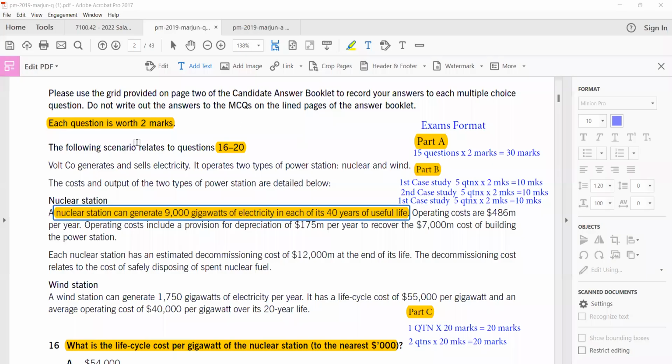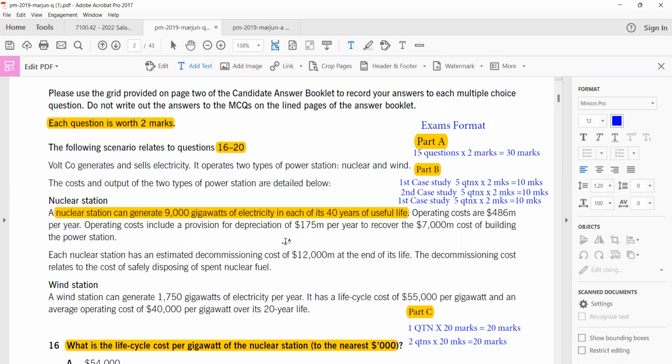So in estimating the life cycle cost of a product, you just identify all the costs in the question and add them, multiply, add them, then you are through. But over here, they have brought in some small element of depreciation. So what are they saying? They said operating costs are 486 million per year.